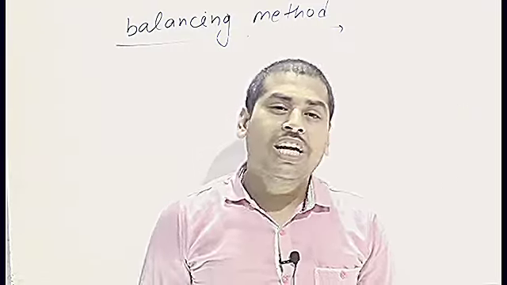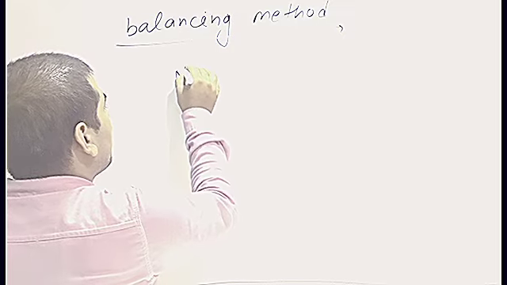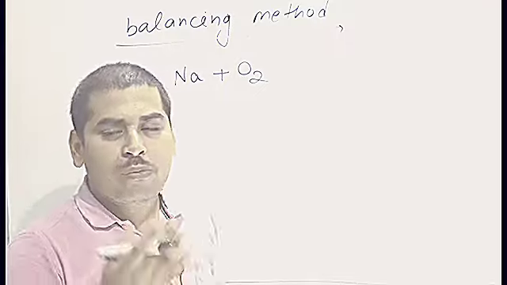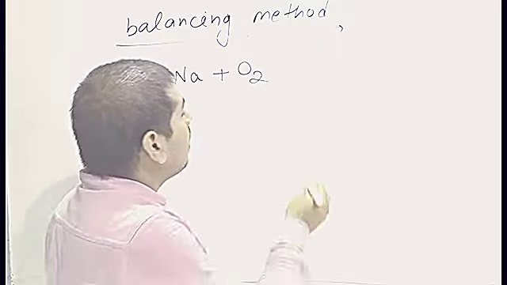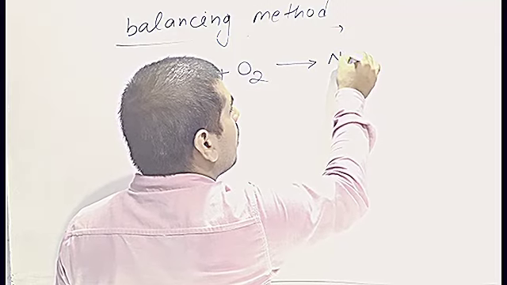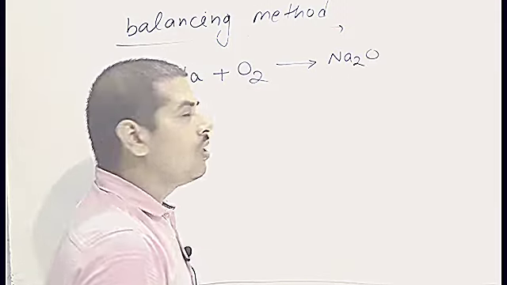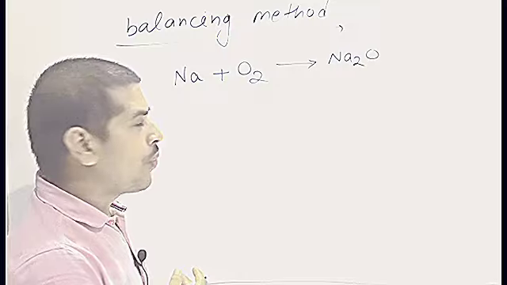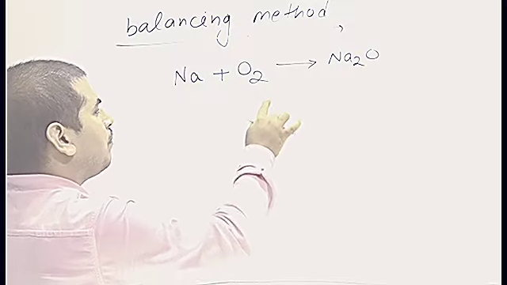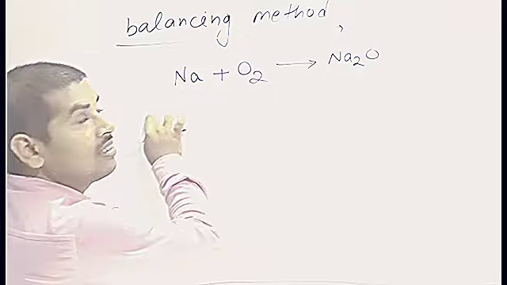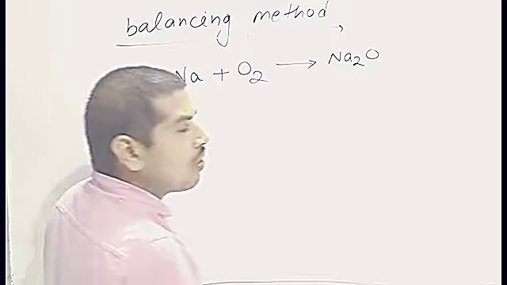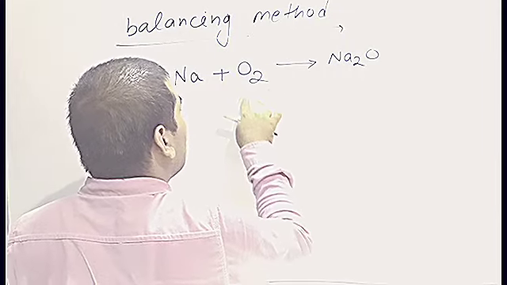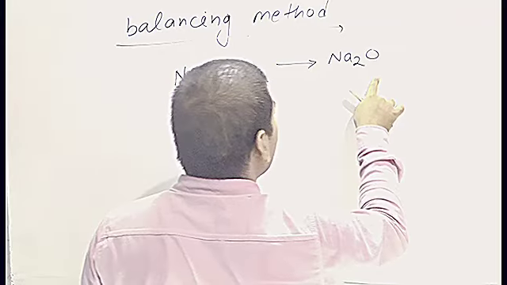Suppose that sodium, when it reacts with O2, gives Na2O. We have read what a balanced equation is. In a balanced equation, the number of atoms of reactant equals the number of atoms of product. So here 2 atoms of oxygen are present, but here only 1.